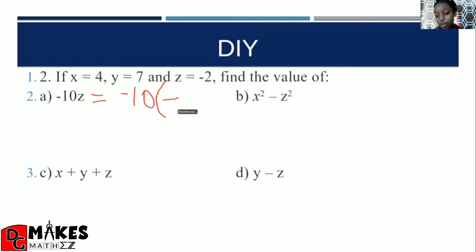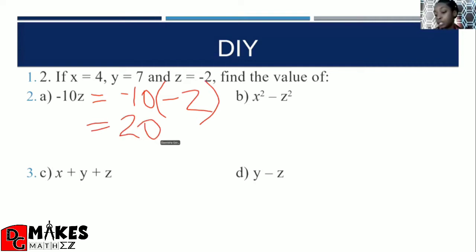And we know that negative 10 times negative 2 is going to be not negative 20, which some of you wrote, but actually positive 20.